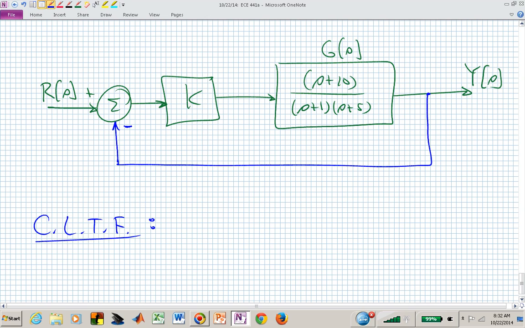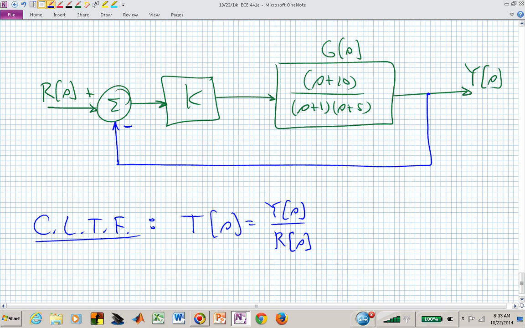Then you need to find that transfer function. What's the expression here? If you were looking for partial credit, you might write T of S, oh, it's Y over R. Give me some partial credit, please.